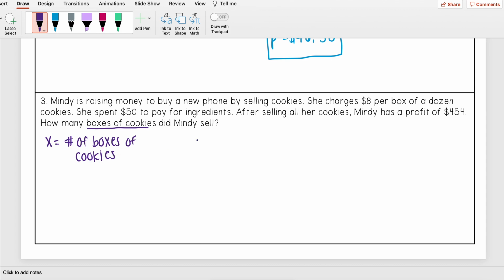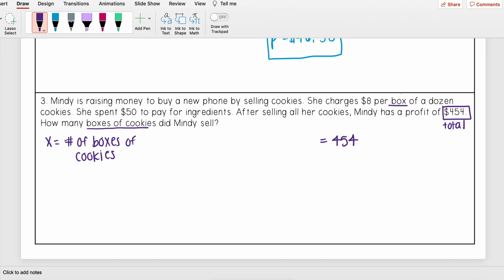My second step is I want to put my total on the right-hand side of my equation. And so reading through this, I see she charges $8 per box of dozen cookies. She spent $50 to pay for ingredients. And she had a profit of $454. So that's going to be my total. And then now I need to fill in this left-hand side. And so I see she charges $8 per box of dozen cookies.